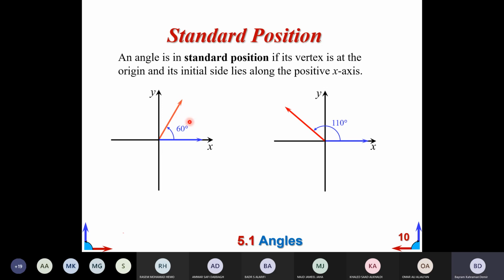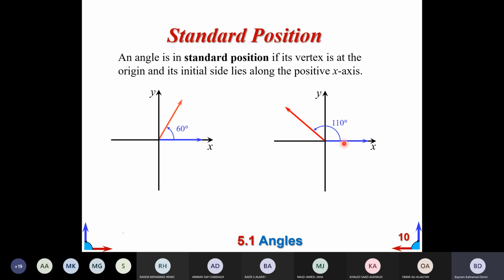Now, in the first picture, for example, the terminal side is inside the first quadrant. That means we will say 60 degree is in the first quadrant. We remember the quadrants, right? First quadrant here, second quadrant, third quadrant, fourth quadrant.